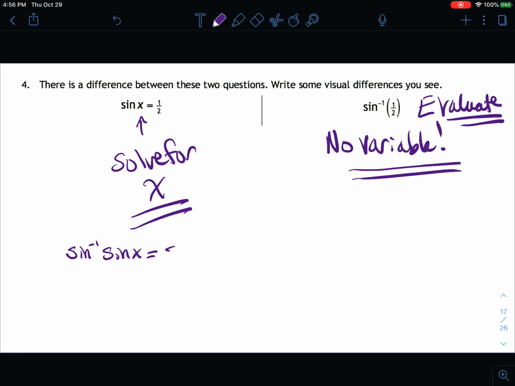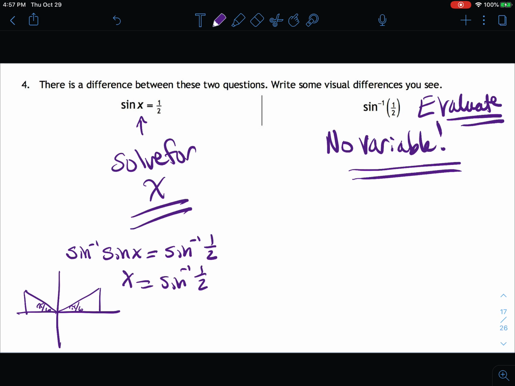So for this one, if we're solving for x, we could take the inverse of both sides. That's fine. So x is the inverse sine of 1/2. We can also think about sine of what angle is equal to 1/2. Well, let's think about this. If we're looking at sine, this is going to be our pi over 6.